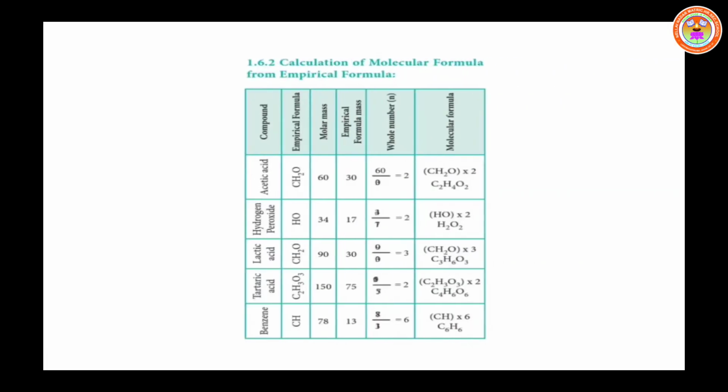Now we are going to see table number 1.62. In this table, molecular formulas of the compounds are calculated from their empirical formulas. From this table, you will be asked 2 mark questions. Understand children?